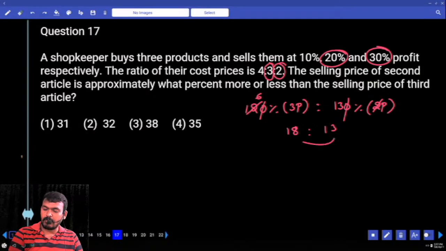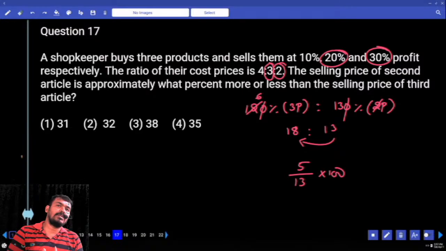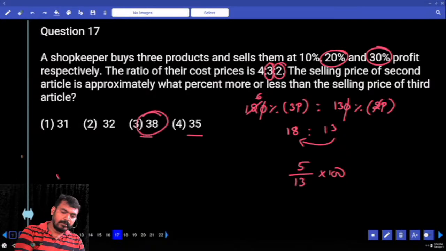How many parts more? 5 parts. 5 upon 13 more. 5 upon 13 multiplied by 100 is 500 by 13, which is more than 30 but less than 40. In between 30 and 40, how many options? 2 options. But which one is closer to 40? 38.